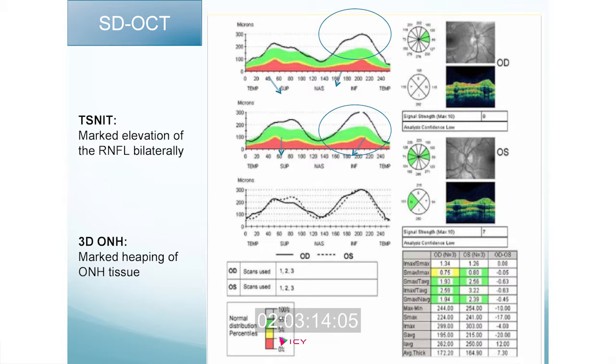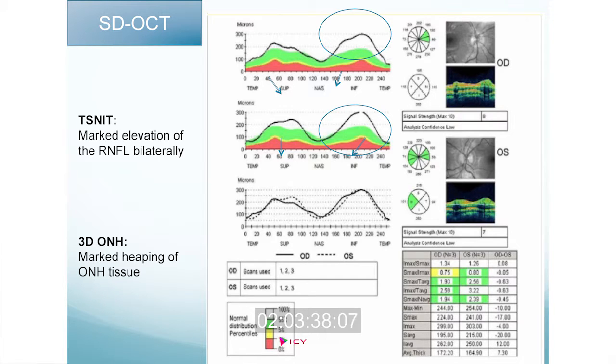This is a Cirrus printout. Okay, we've done a few Cirrus printouts. Let me talk you again through the printouts and you can appreciate how abnormal they are. So the top two images on the left show that T-SNP map. Remember, the T-SNP map should be thickest or double hump, inferior and superior, okay, where the tissue should be thickest, but it should stay in the green zone of normal.